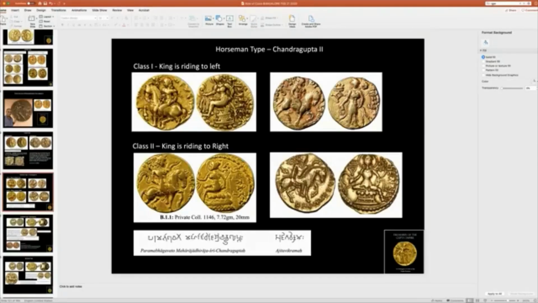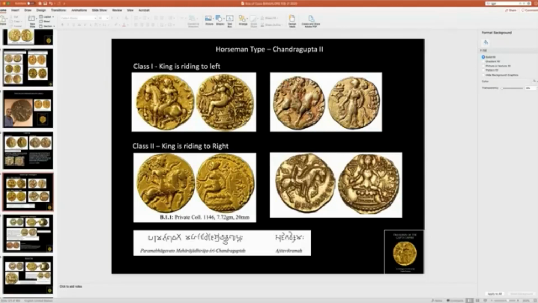It shows king riding to the left, king riding to the right. Sometimes the goddess is seated on a moda, sometimes she is seated on a moda with both feet facing forward, and sometimes she's standing. So there are different varieties, classes and types in it.